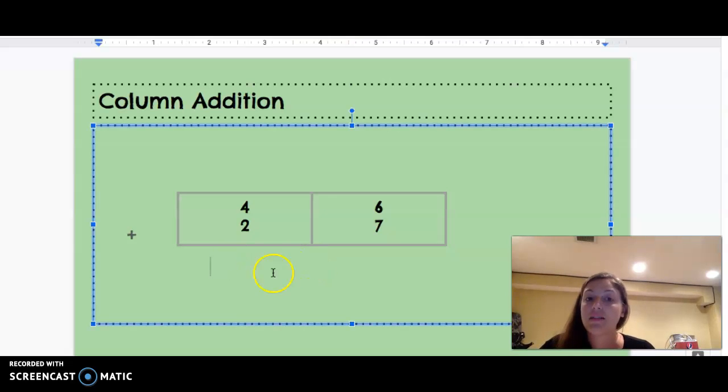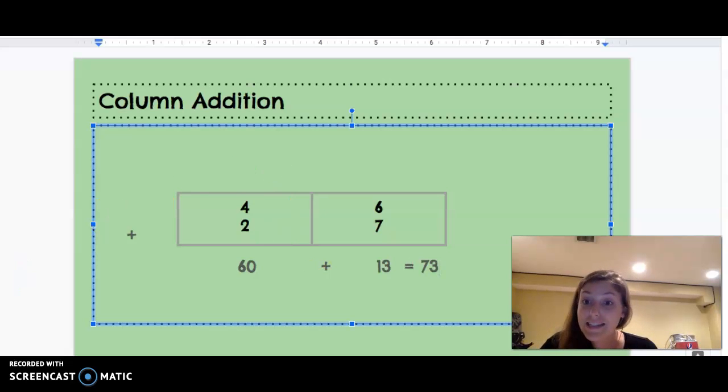If I look at my columns here, I have 6 plus 7, which I know is 13, and I have 40 plus 20, because that 4 and that 2 are not in the ones place, they're in the tens place. 40 plus 20 gives me 60. I have 60 and 13. And if I put that together, I'm going to get my answer of 73. This is another way you might have added.